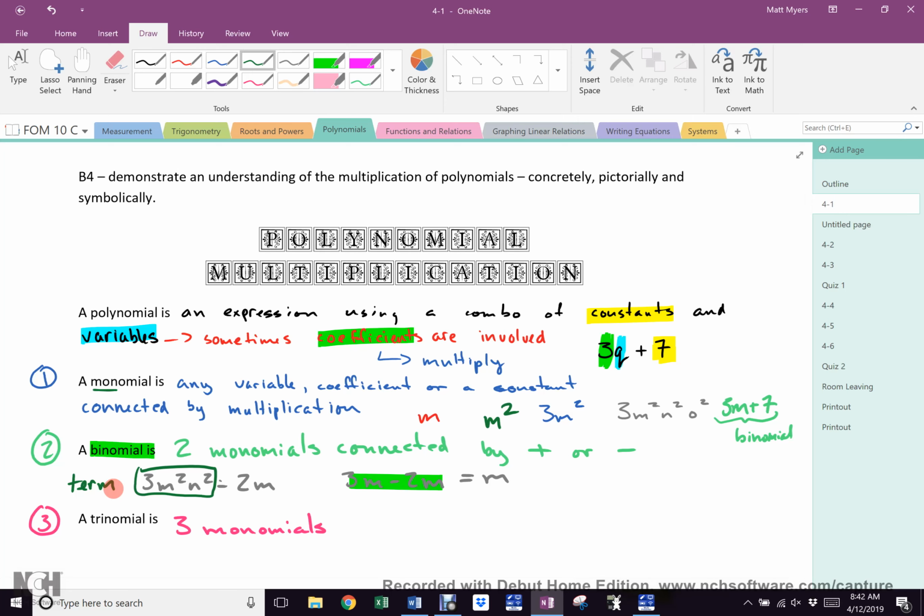So a binomial has 2 monomials or 2 terms. A trinomial has 3 monomials or 3 terms. There's no other special names. We don't have quadrinomials, quintinomials, sextinomials, septinomials, octinomials, nonomials, decanomials. We don't bother. After 3, we just say polynomial.